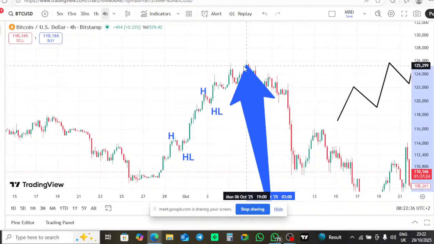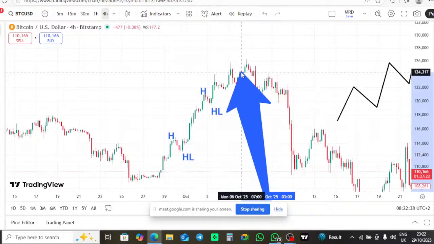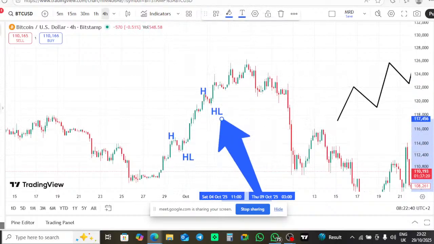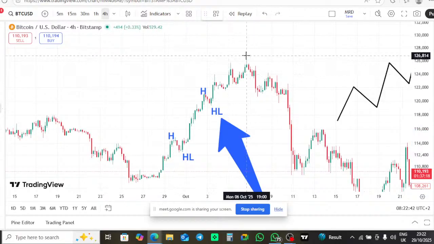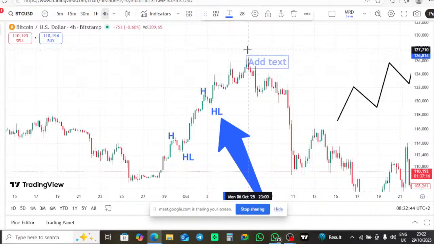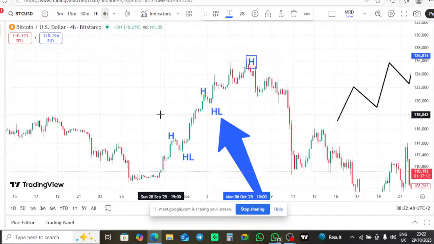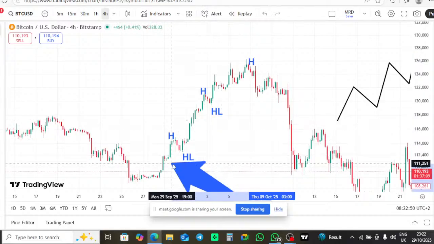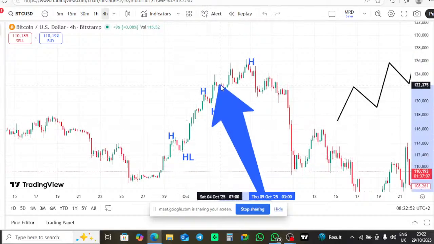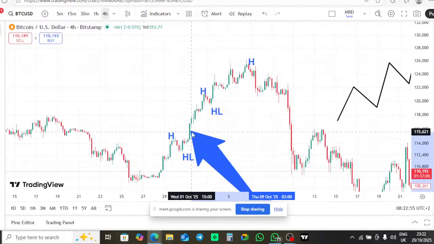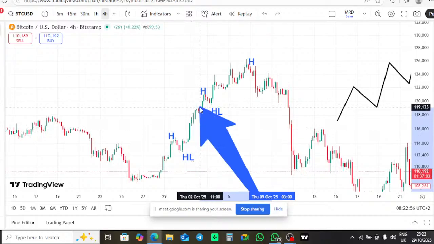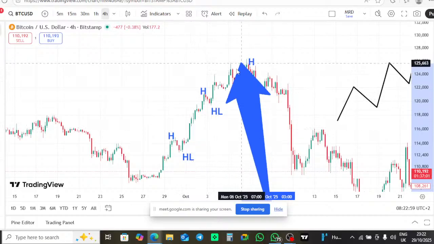The market was in uptrend. For you to confirm that it has changed into a downtrend, it must break the structure. The structure is this uptrend. That is the structure we are talking about. If we talk about breaking the structure, we mean breaking the uptrend.